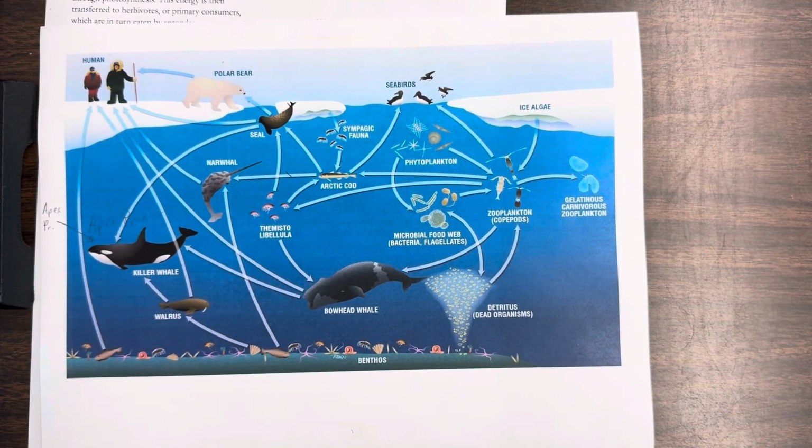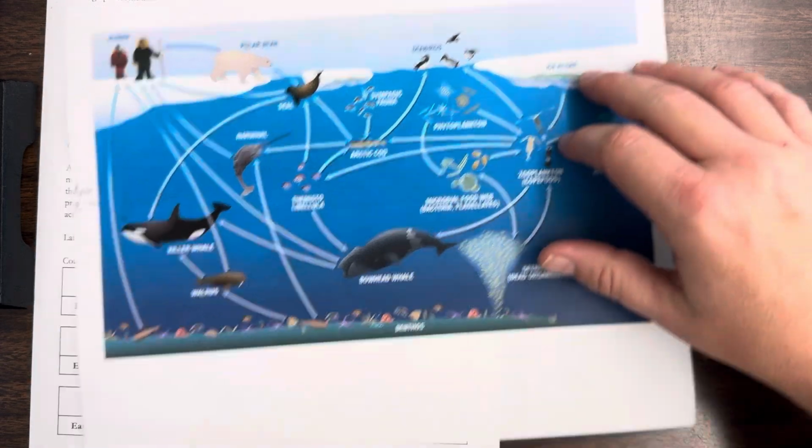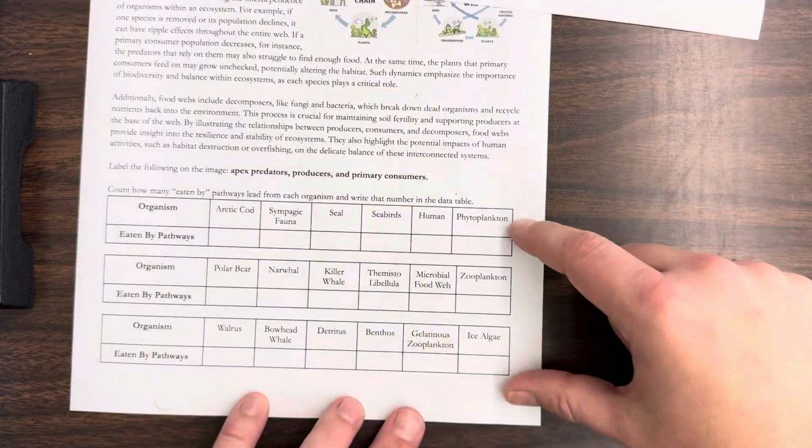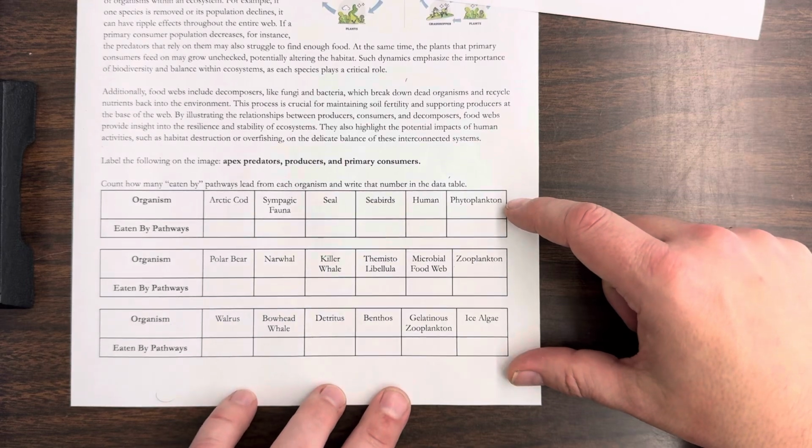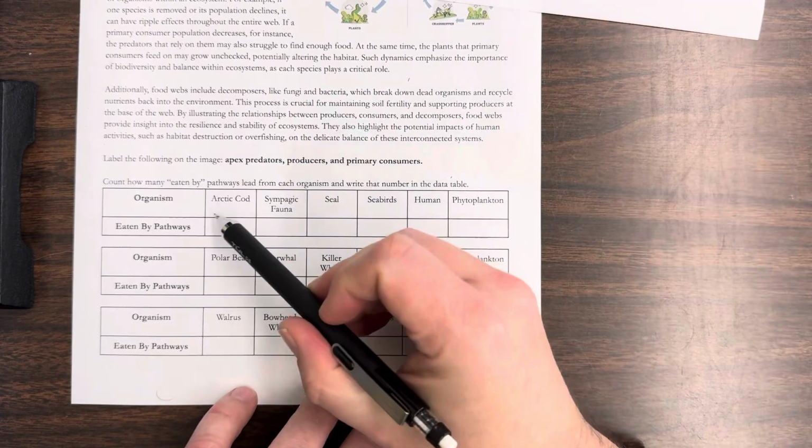A primary consumer eats just plant material, okay? So find the primary consumers here, the ones that are only eating plant material, the producers, okay?